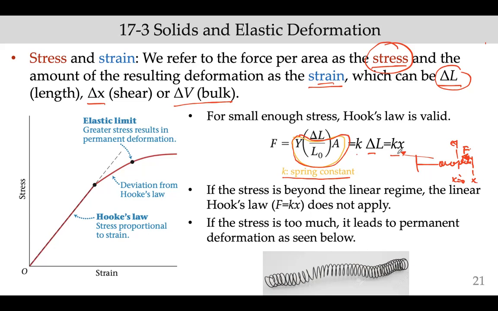That force is given by the spring constant times the amount of deformation, extension or compression. We use this in physics 1 a lot, and now you know that K depends on the material itself. The Young modulus depends on the material, it depends on the length of the spring, and it depends on the area of the spring. So K is a combination of these three variables.